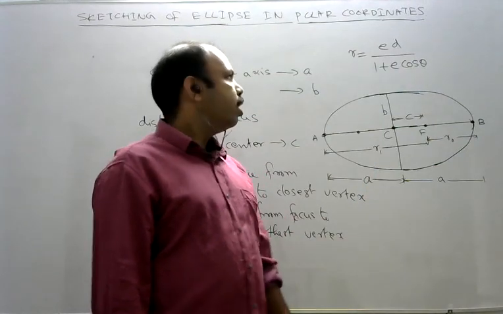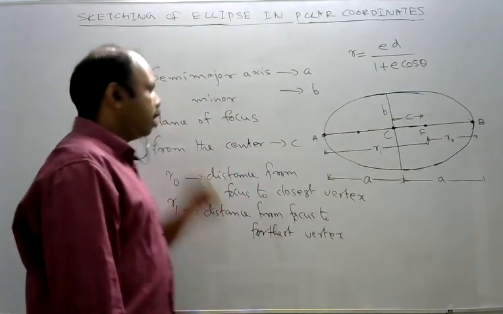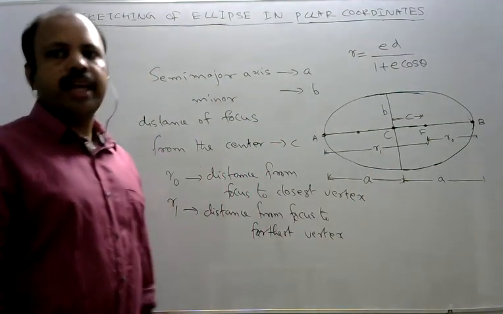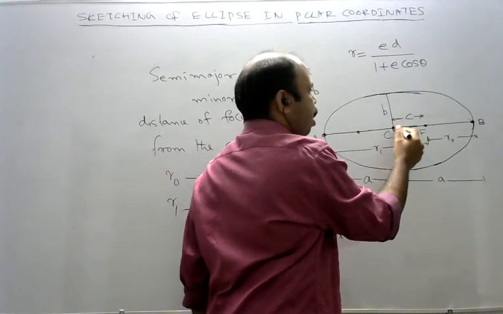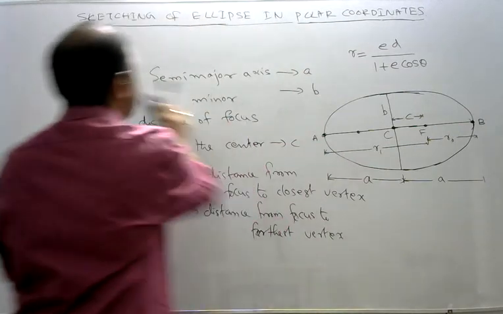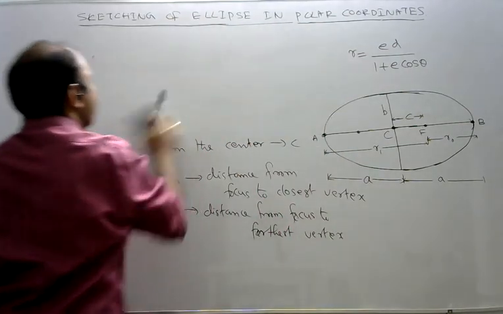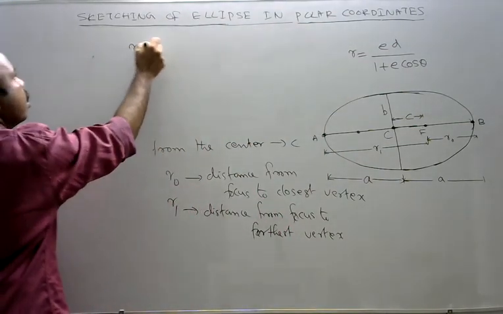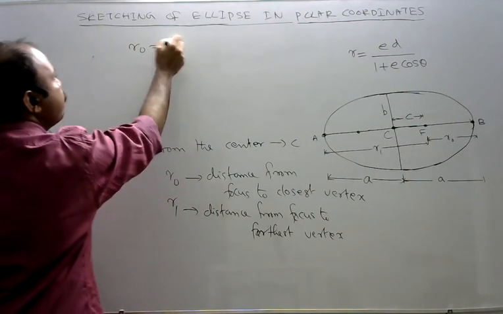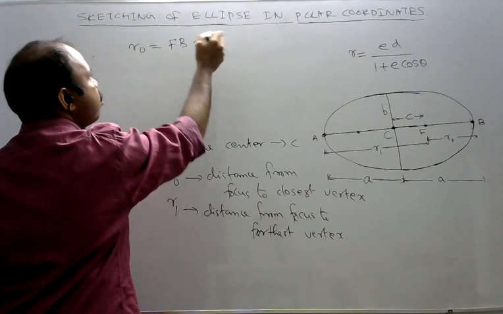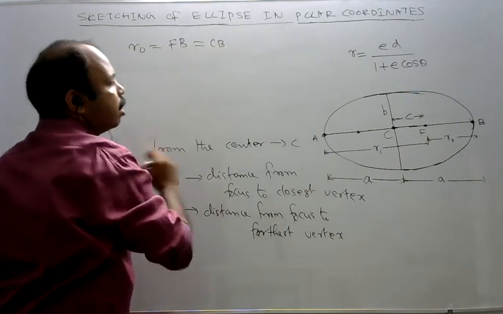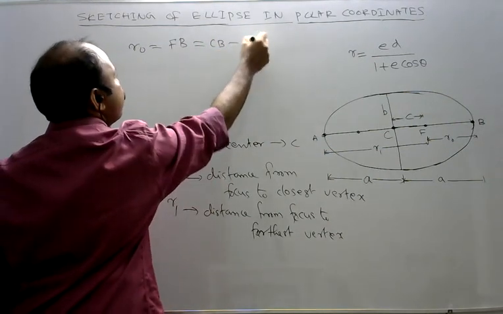That we will discuss later. Now, it is clear that R0 equals FB equals CB minus CF.